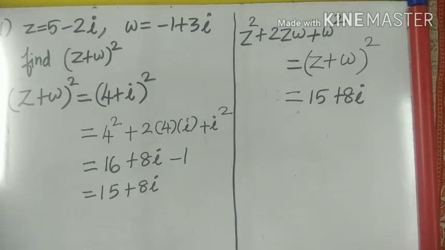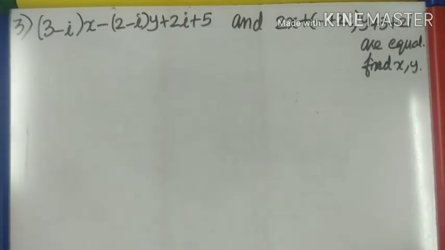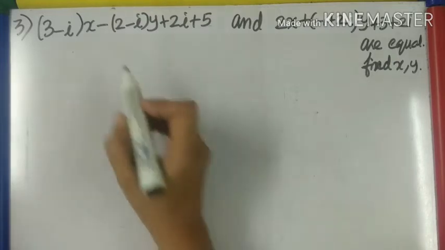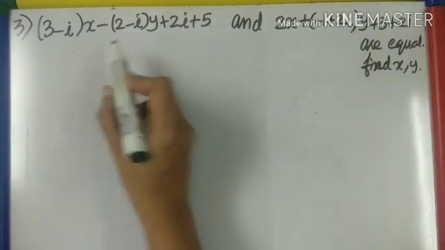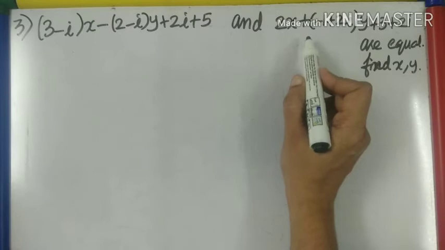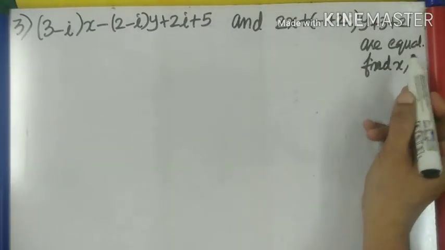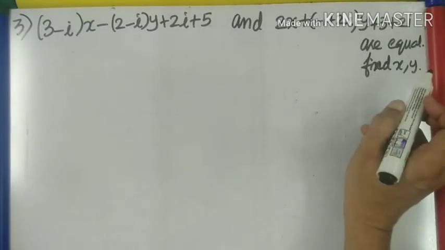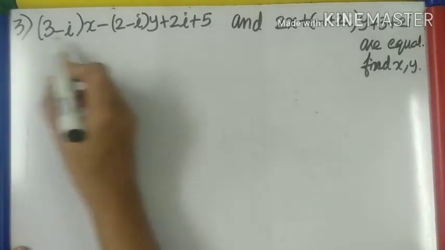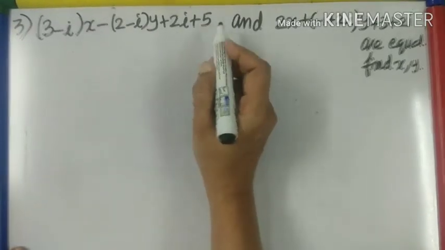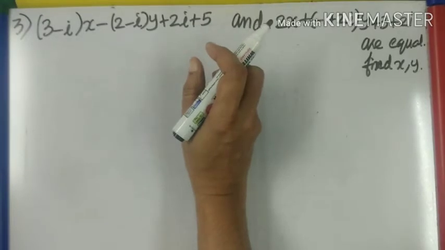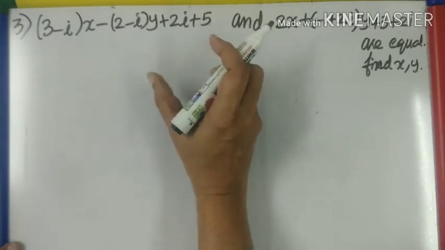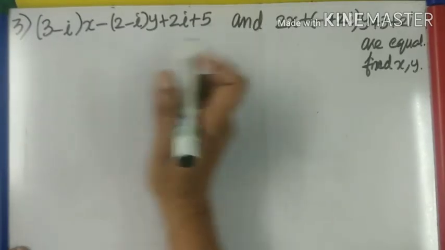Question number 3. We are given two complex numbers which are equal. Find x and y. First, let us simplify this. All that is with i, all that is without i, because we want to write the a plus ib form.